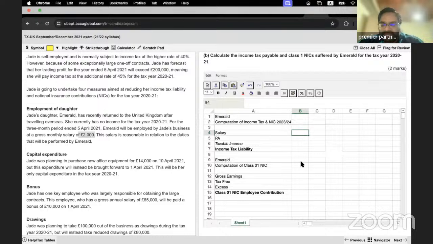Great. So then 2,000 pounds per month. This is going to have for 3 months. Agree? So I put 3. We agree?